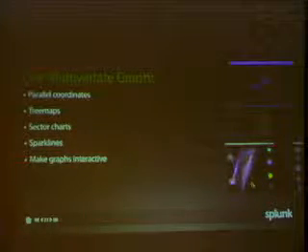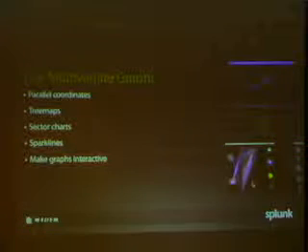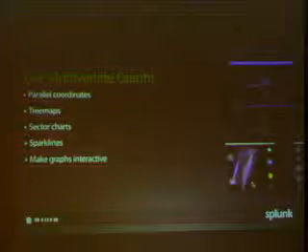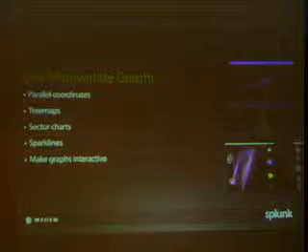But basically in parallel coordinates, what you do is you have multiple vertical lines, and each of the lines is a data dimension. So for example, here on the left side, I plot all of my source IP addresses from 0 to 255.255.255.255.